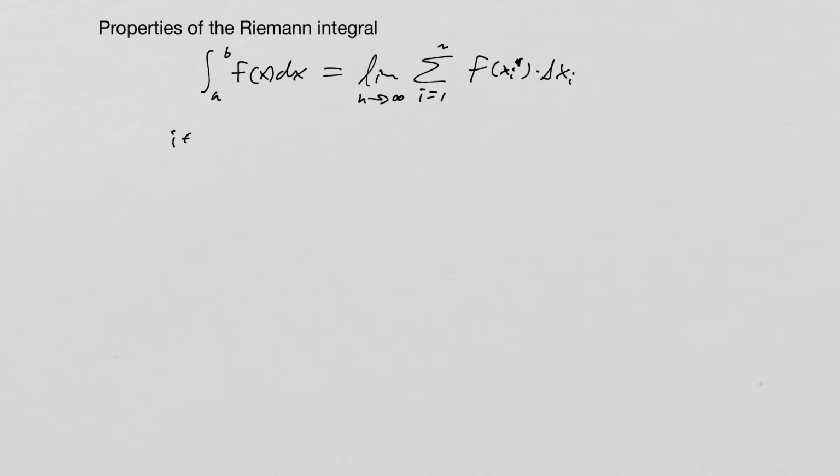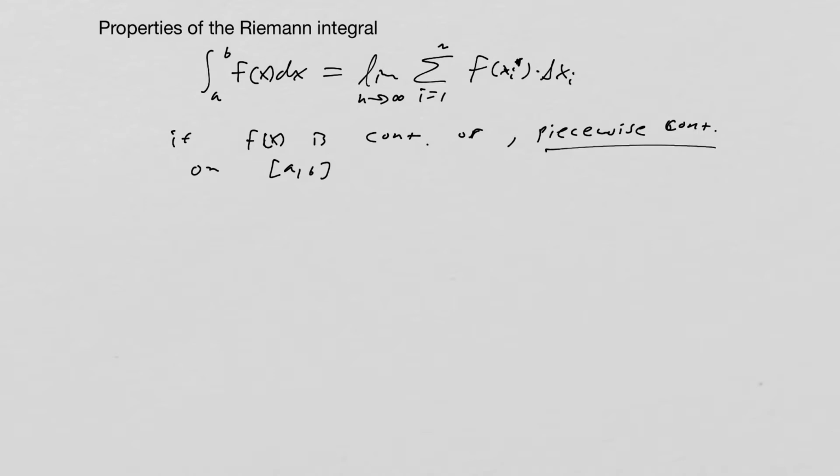Okay, we know if f of x is continuous, or at least what we call piecewise continuous, on a to b, and piecewise continuous, all this means is that there may be finitely many jump discontinuities somewhere in there, but as long as there's only a few of them, we can break the thing up essentially, and then this integral is defined.